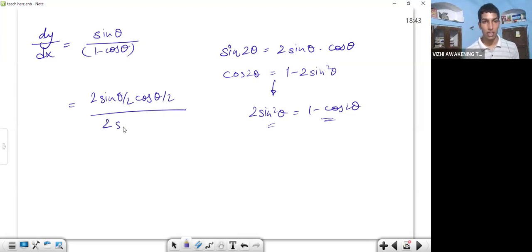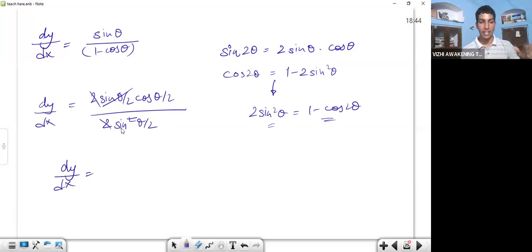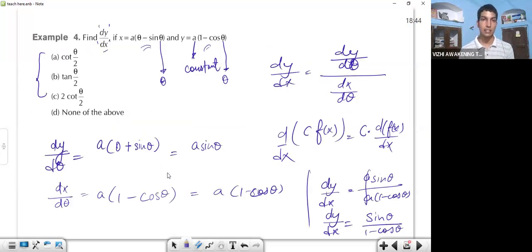So, 2 sine square of half of the angle here, theta by 2. 2 will cancel 2, and sine theta by 2 will cancel the double power of sine theta by 2. Now it will become cos theta by 2 by sine theta by 2. Cos x by sine x is what? Cot x. Cot theta by 2 is our answer. It is in the option, yes.